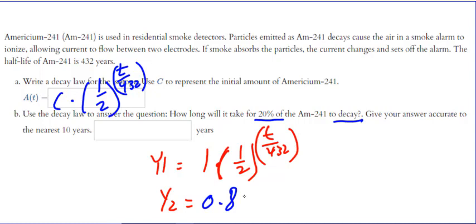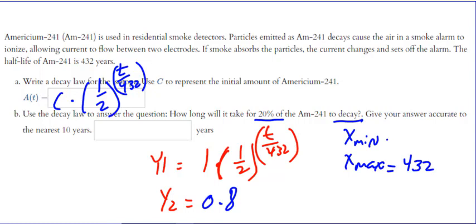So you need to find out where the intersection of 0.8 is. And you can move your x min, x max, I'd make it 432, because it would be at 50% if it was 432, right? Does that make sense?